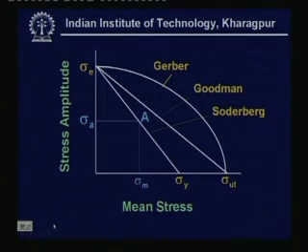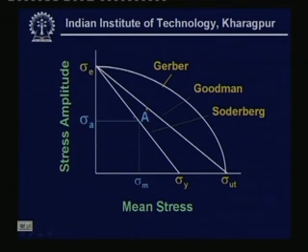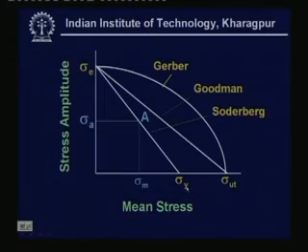In this case, if we consider any point A for which the mean stress is sigma m and the stress amplitude is sigma A, this can be related with the material property like sigma ultimate, sigma yield point or sigma endurance by the relationships generated from the equations of the straight lines as shown in this slide.